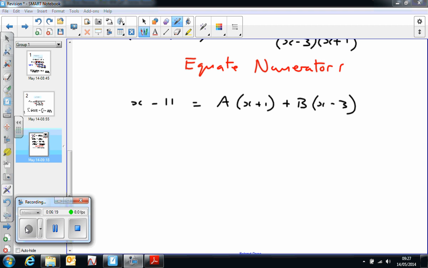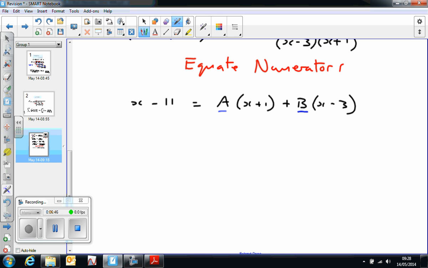Okay, so now do you remember what we do to find A and B? What could I let x equal to help? I've got two unknowns, A and B, so I could do with getting rid of one of them so I could find the other. x equal minus 1.